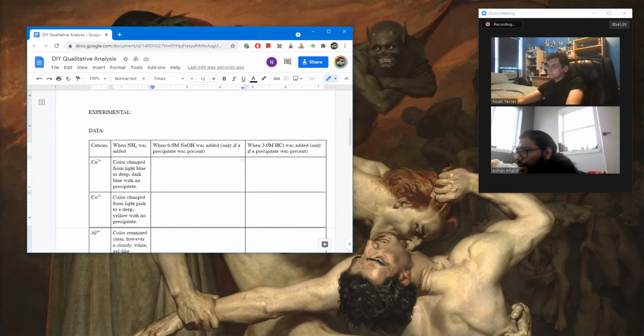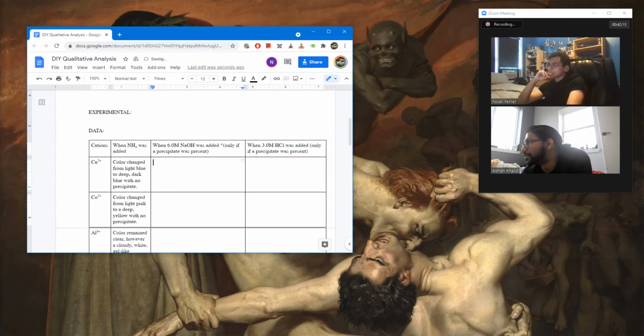Now, when we add the NaOH, for some reason they say no addition of NaOH for copper, because there was no precipitate formed. So for copper and cobalt, we would just put none, not applicable.